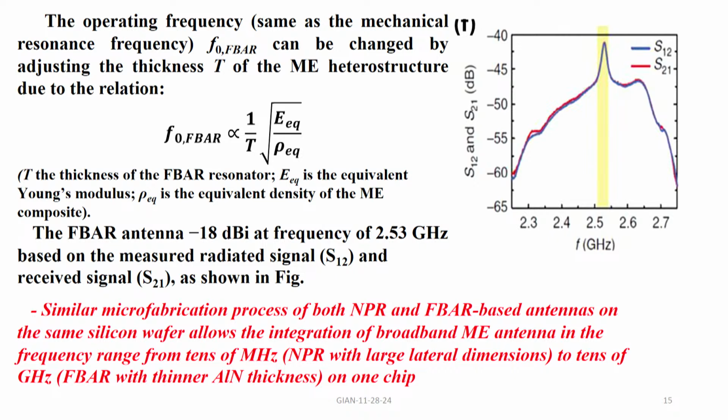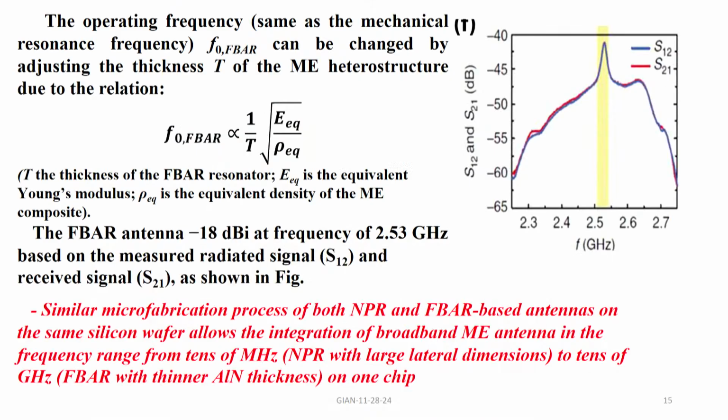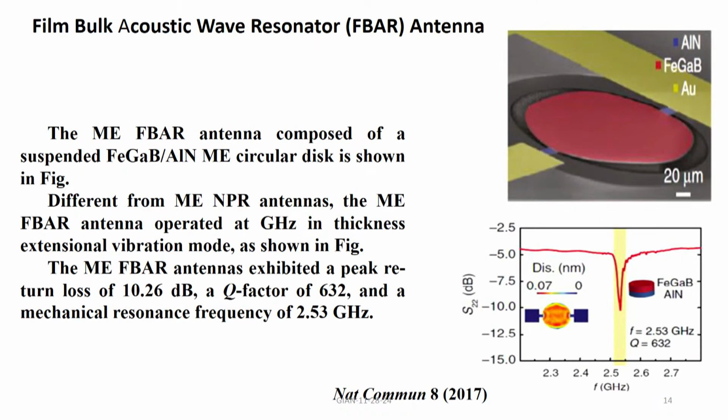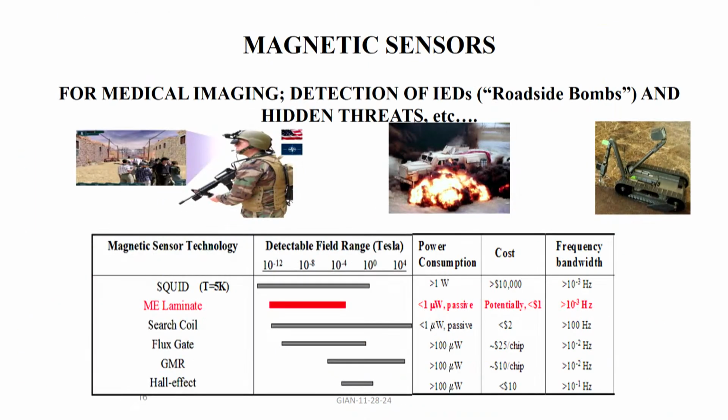And if you want to go further in frequency, just choose the proper thickness, you have miniaturization in the gigahertz range. Okay. So, the previous one is MEMS, and this one is NEMS. Okay. So, these are the two different kinds of antenna.